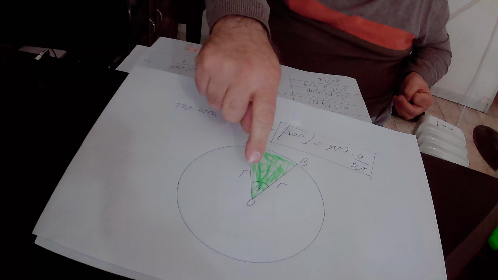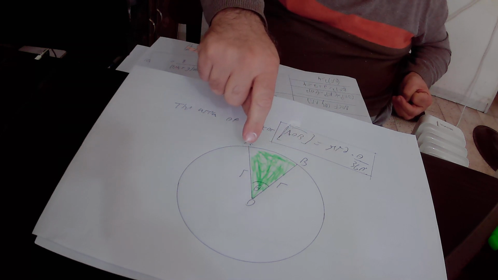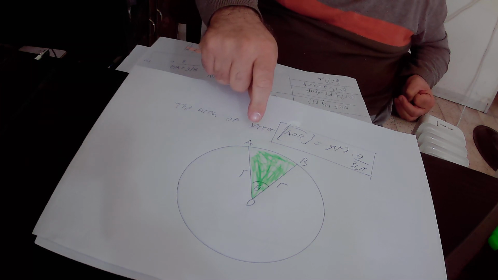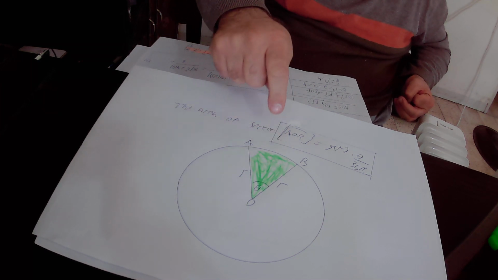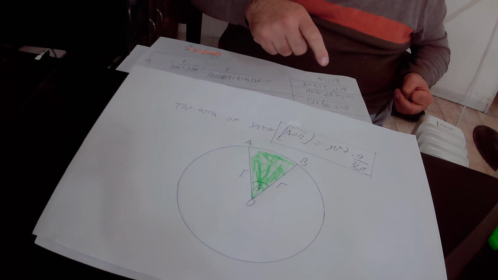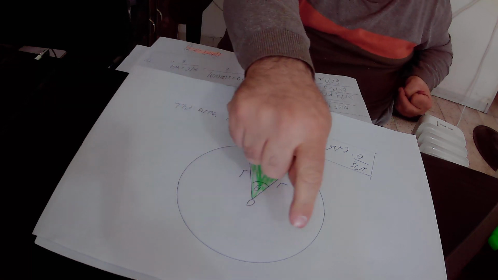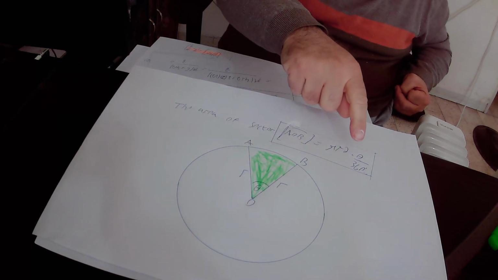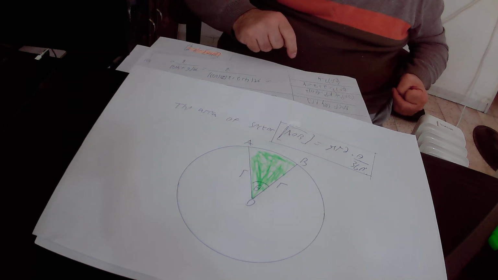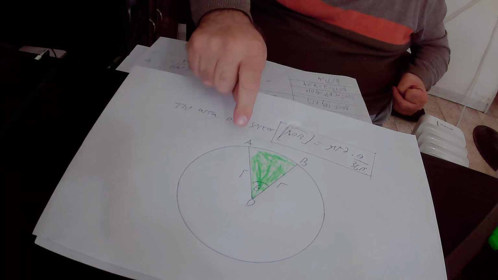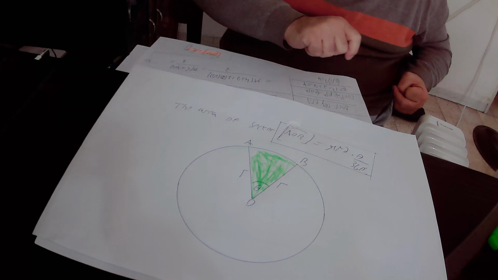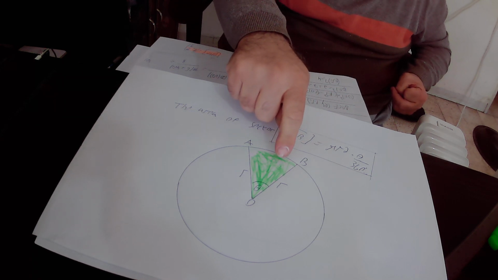The radius of this circle is equal to R. So the area of this sector AOB, the green shape, will be equal to pi r squared, that is the area of the circle, times theta over 360 degrees. Theta is the angle between the legs of this sector. Okay, so AOB is a sector, and the area of this sector AOB equals pi r squared times theta over 360 degrees. Again, theta is the angle between the legs of the sector.